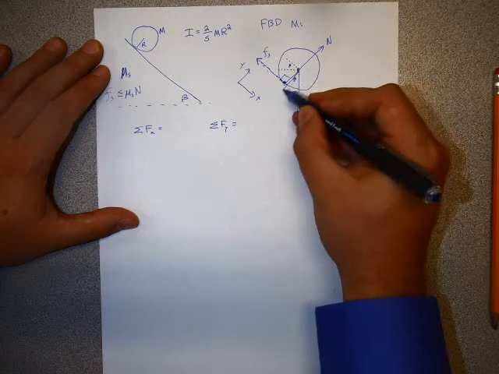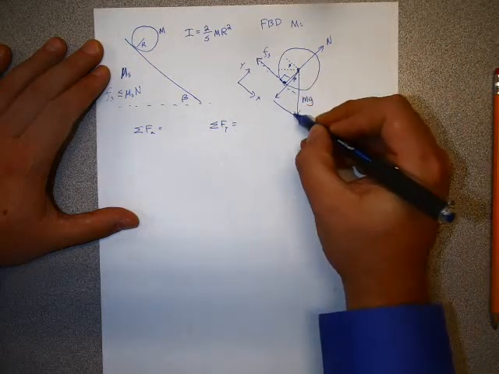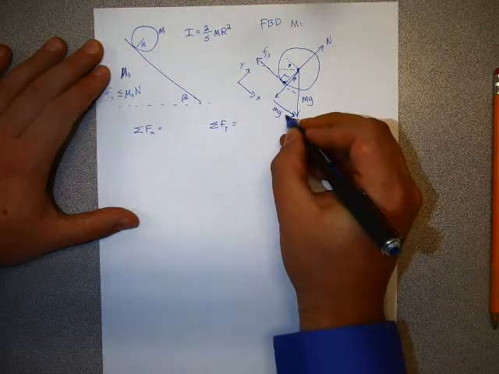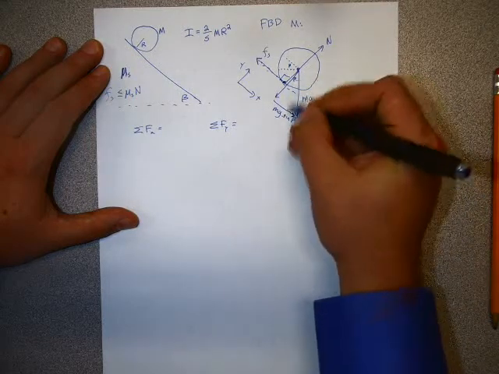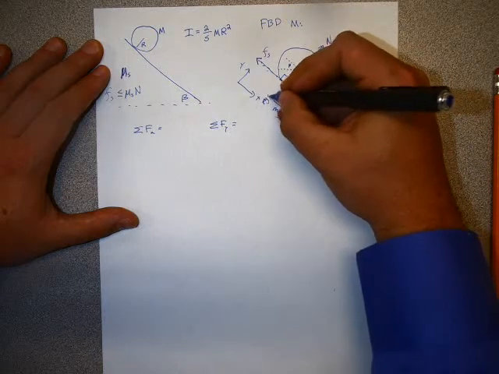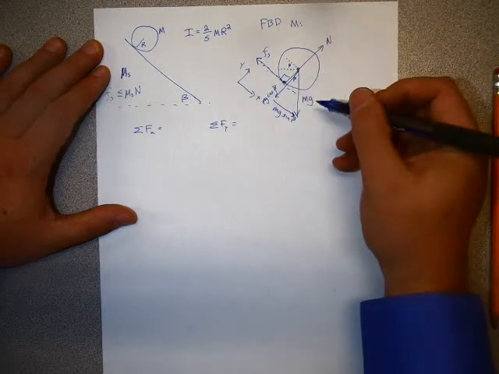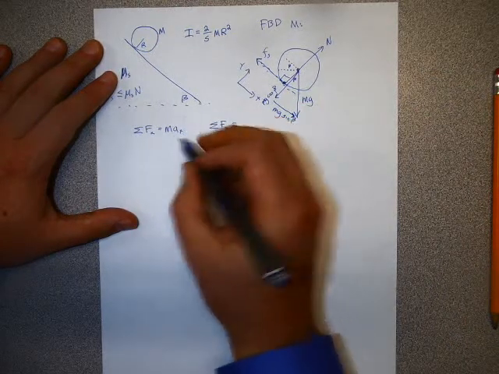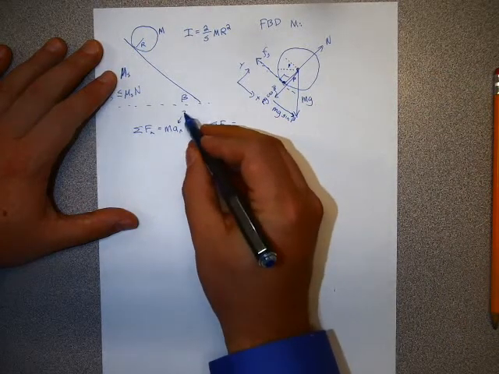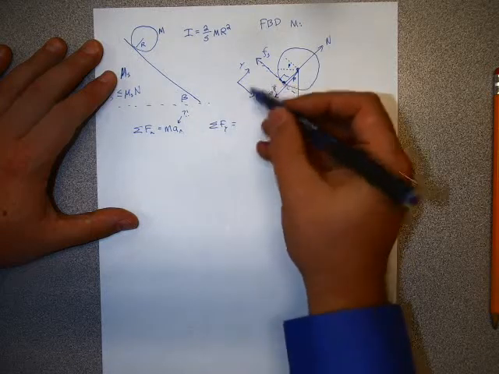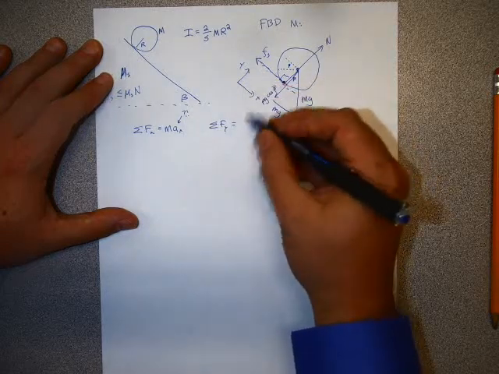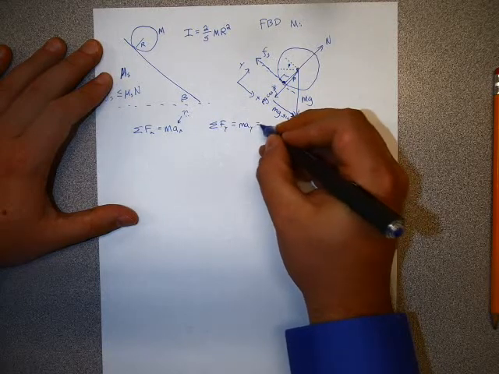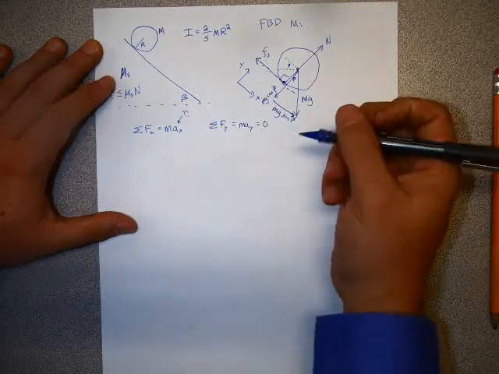So if we break mg down into two components, like so, this one is mg sine beta, opposite, and this piece is mg cosine beta. All right, so in the x direction, net force must be m ax. This will be what we're trying to find. And in the y direction, we chose our axes so that there is no acceleration in the y direction. So m ay equals 0.